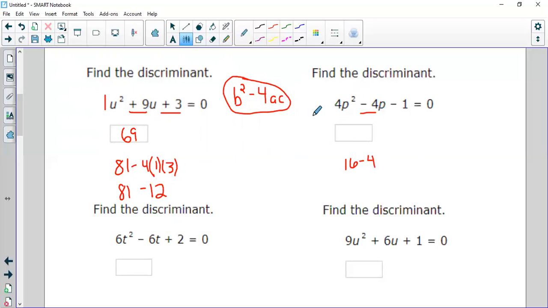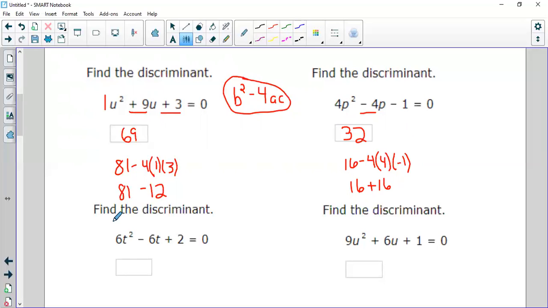Minus 4, it's part of the formula, times a, which is 4, times c, which is negative 1. So I've got 16. Now I got a negative 4 times negative 1, which gives me a positive 16. And 16 and 16 gives me a discriminant value of 32.